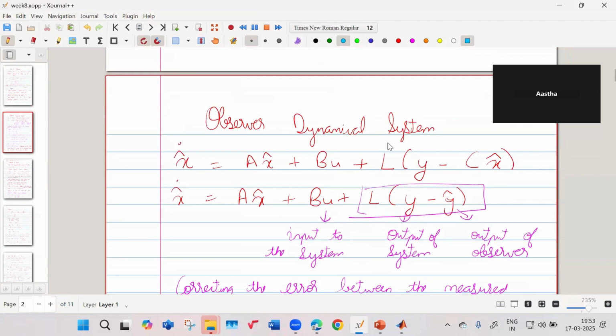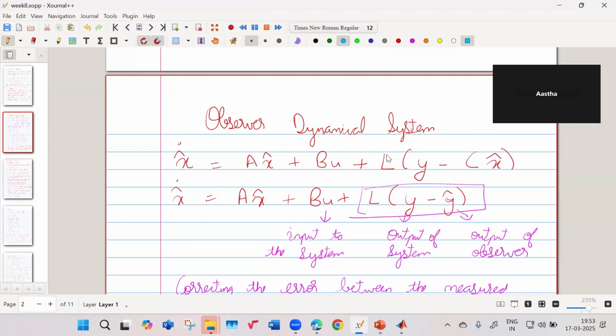We have an observer dynamical system which has the same dynamics as my original plant, plus an additional term in which we correct using the difference between the measured output and our estimated output.